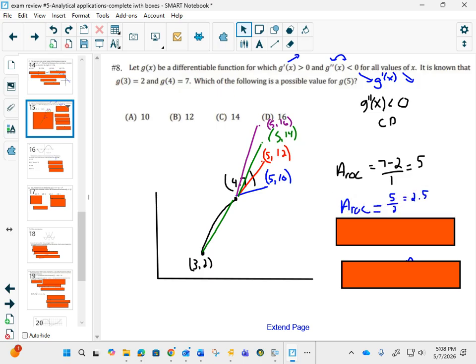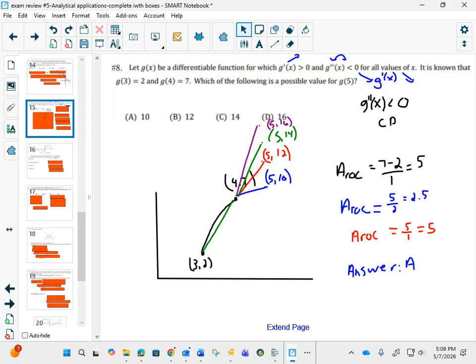If I go to the blue one, my average rate of change there would be 2.5. As soon as I go to the red one, my average rate of change is 5, which is exactly the same, and it's no longer decreasing. And I wouldn't even have to try the green and the purple one because they're steeper lines. So we know that the answer has to be A.